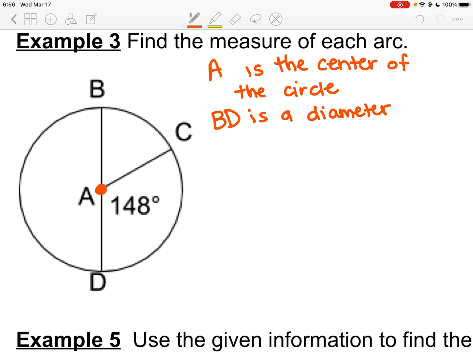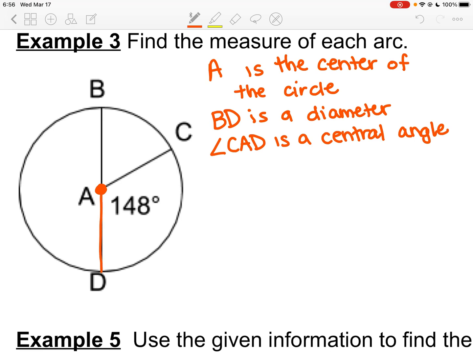Another thing that I know is that since A is the center, angle CAD is a central angle. And so if I think to that very first thing that we talked about at the top, it said the measure of an arc is equal to the measure of the central angle.